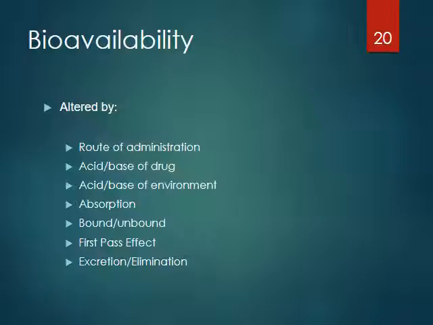Say you have some interacting drugs or other things that could be preventing absorption; that can affect bioavailability. We'll also be talking about the bound percentage versus the unbound percentage of the medication and how that affects bioavailability. First pass effect is really important when things are first absorbed from the GI tract. The liver is the first organ the drug encounters, and will lead to some degree of degradation of the drug product prior to getting into systemic circulation. And then we'll also talk a little bit about excretion and elimination of the drug as well.